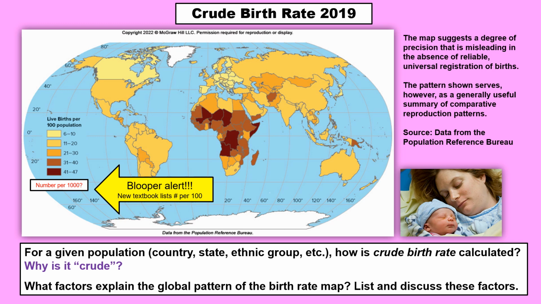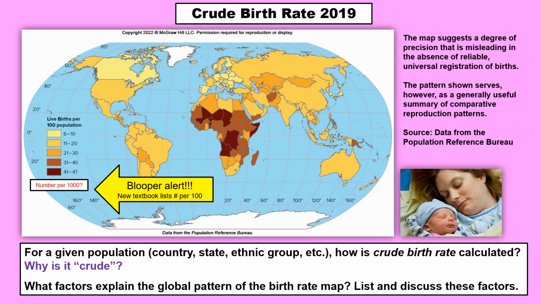And you could probably make the conclusion that the less developed countries tend to have the higher birth rates. And then the next part of it would be, well, why is that the case? Why is it that you have higher birth rates in sub-Saharan Africa, Central Asia, within Latin America, it's uneven.